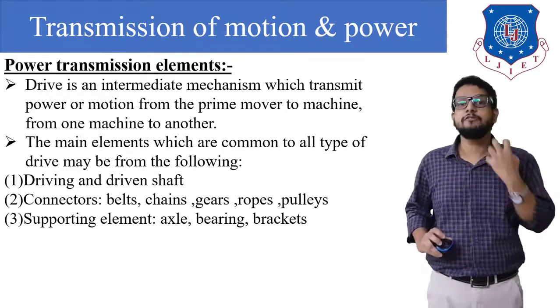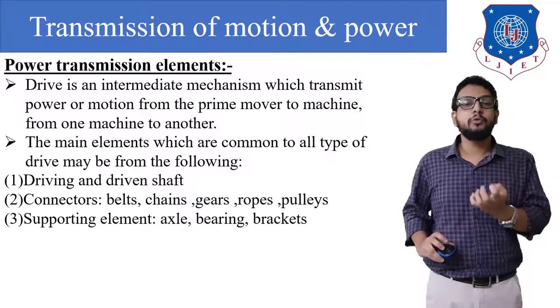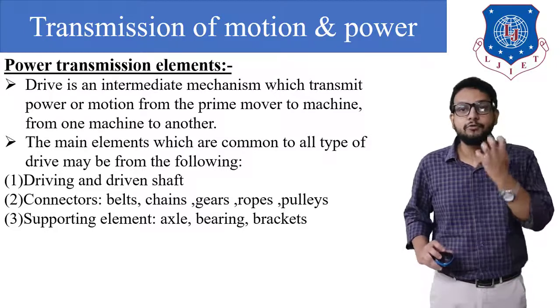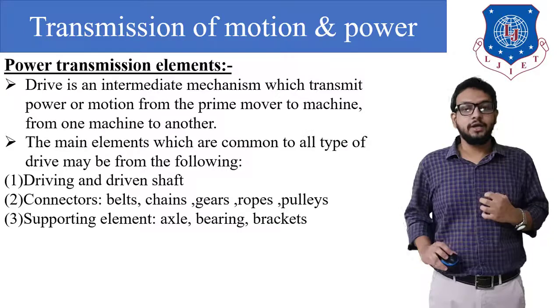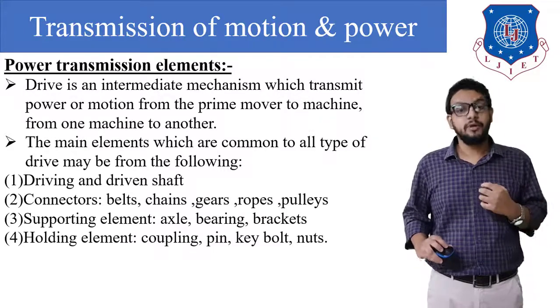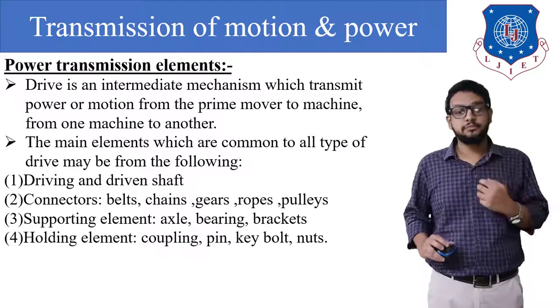Bearing, as the name itself suggests, is going to bear something, which means it is going to provide support to a shaft. Similarly, axle is one type of shaft which is going to absorb bending moment. Further, holding elements, for example coupling, pin, key, bolts and nuts.